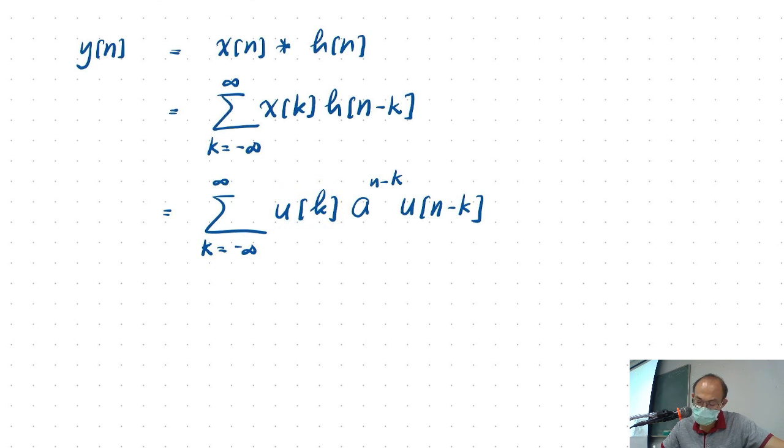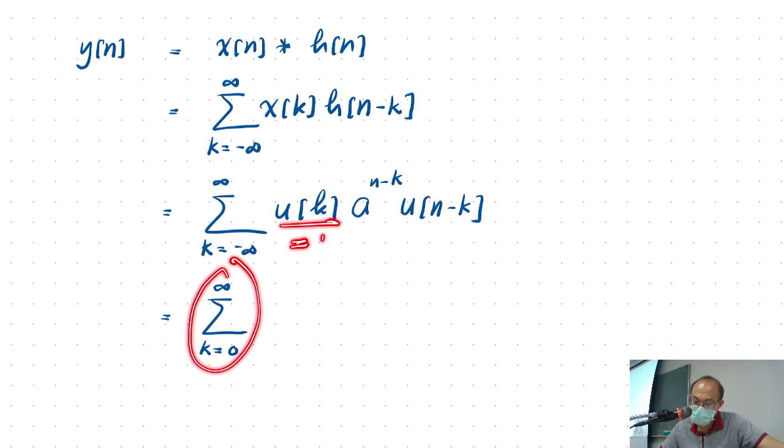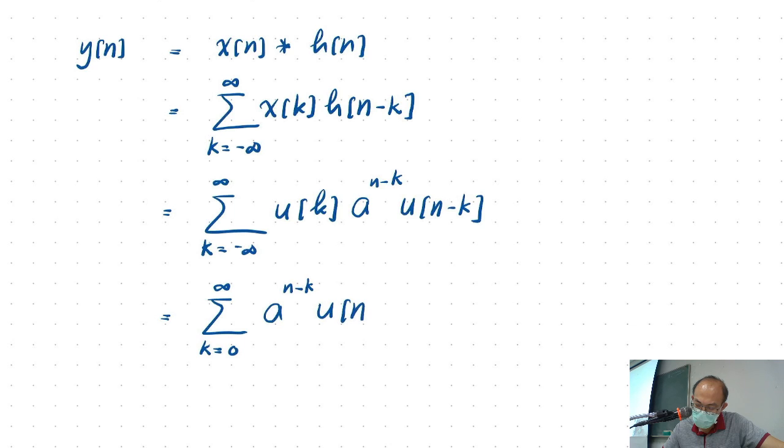It is useless to go from minus infinity. So I have to change the lower bound of the summation to be 0 to infinity. Whenever k is in this range, u will be 1, so I don't need to write down u anymore. I'm just going to skip to a to the n minus k, u of n minus k.